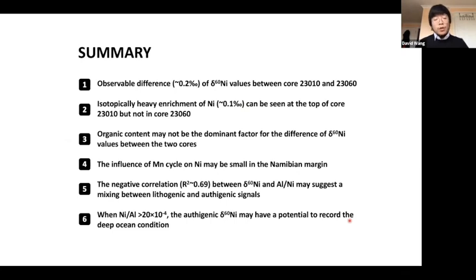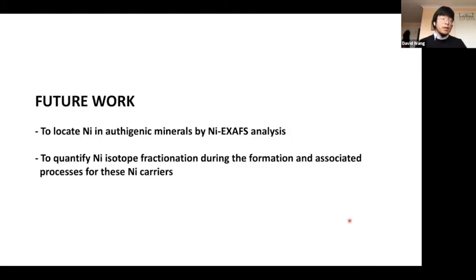So here's my short summary, most of which I think I have mentioned in my previous slides. Based on our current results, we're thinking of locating nickel in possible authigenic minerals by using nickel XANES analysis.